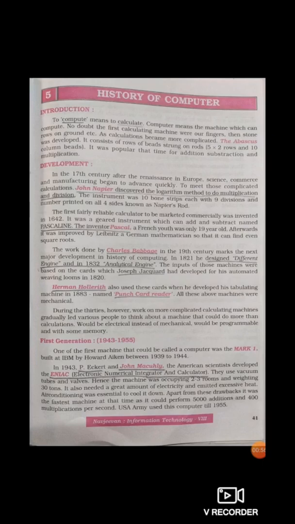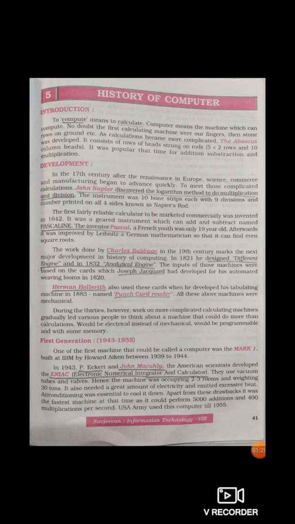We saw a rapid growth in development. After the 17th century, we started evolving. So the calculations became complicated. It became tedious and difficult to manage those calculations with the help of fingertips or the abacus.